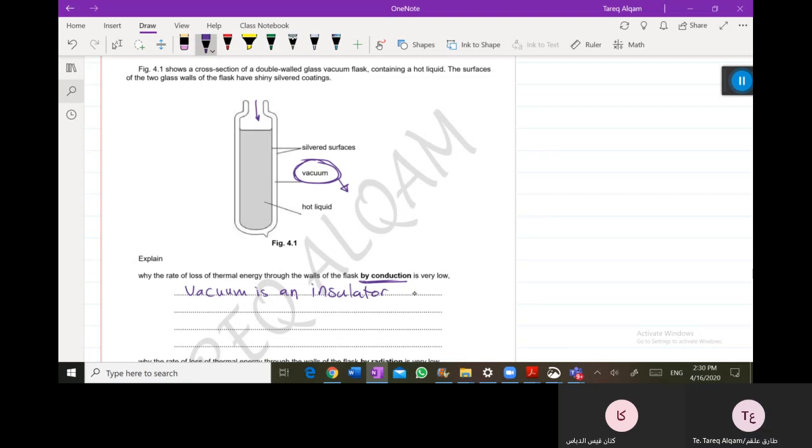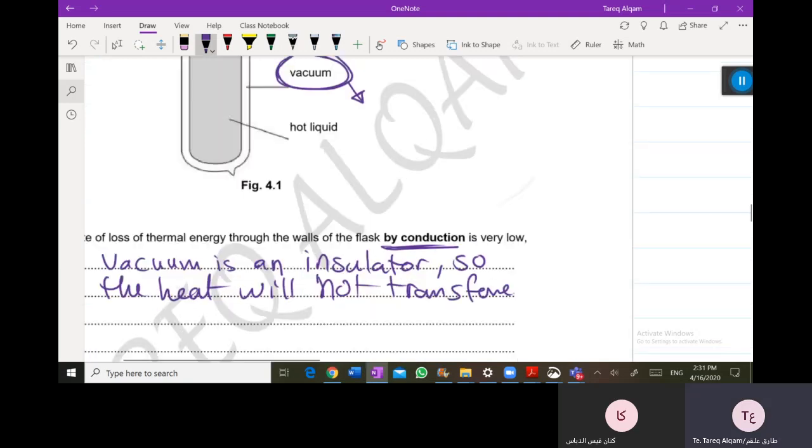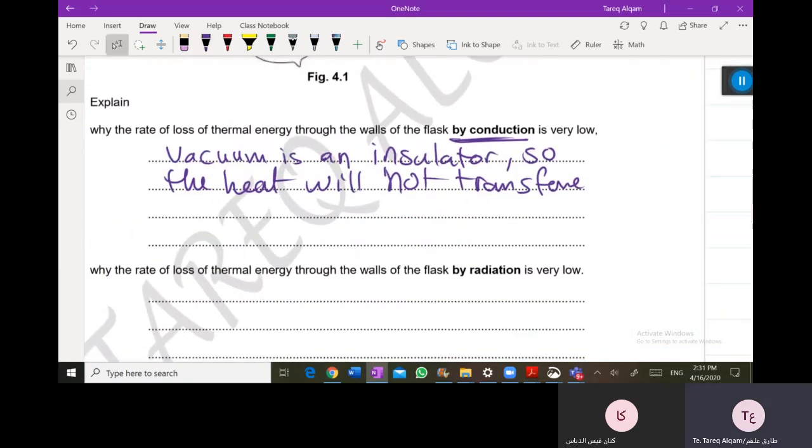So the heat will not transfer by conduction. Why will the heat not transfer by conduction?